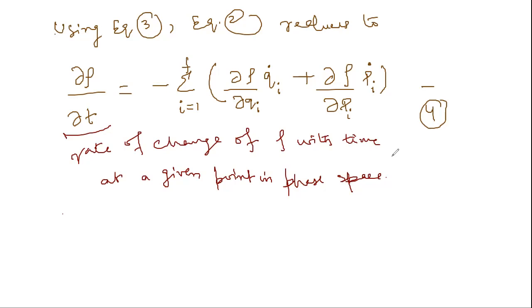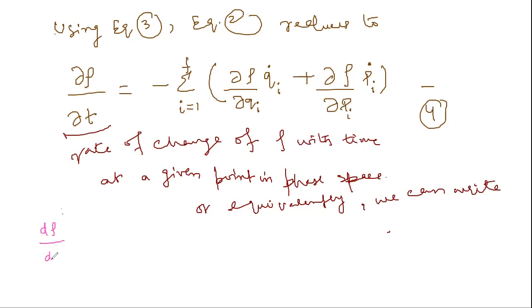Now, we want to find the total derivative of rho with time. So what will be that? Let me write it first. Or equivalently, we can write, change the color to distinguish the equation. Equivalently, I write this d rho by dt.